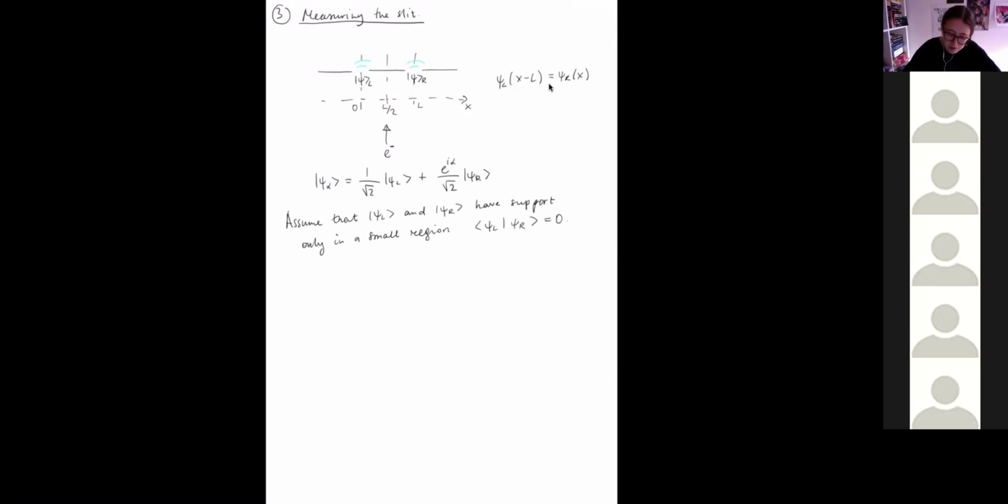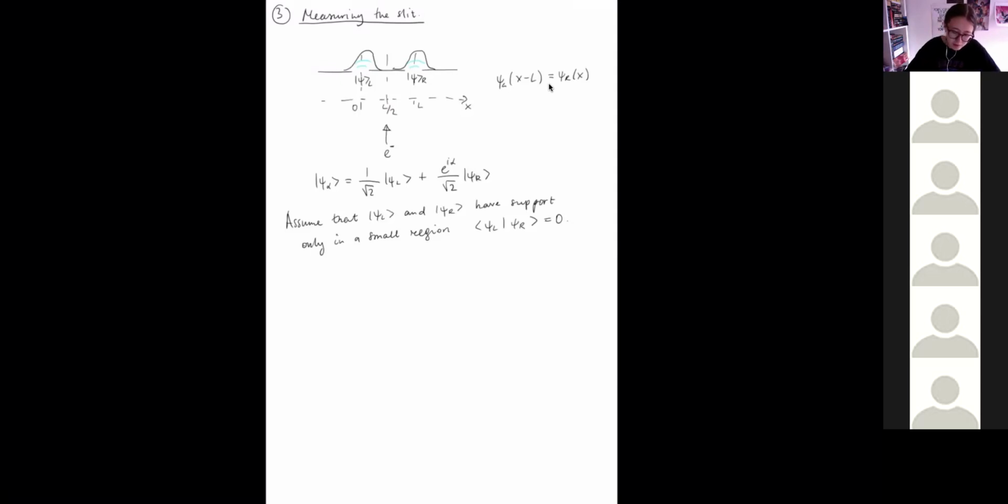You can just imagine it as if psi L is something like this. It starts here, but the function dies before L over 2, and with psi R, same. Excuse my drawing. So we just assume that these two wave functions don't overlap.